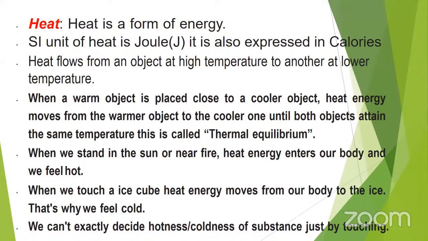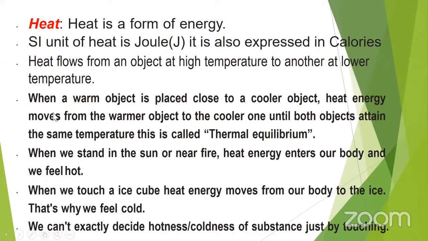When a warm object is placed close to the cooler object, heat energy moves from the warmer object to the cooler, until there is a condition. Up to what condition does it travel? Both bodies acquire the same degree of hotness, the same degree of temperature.